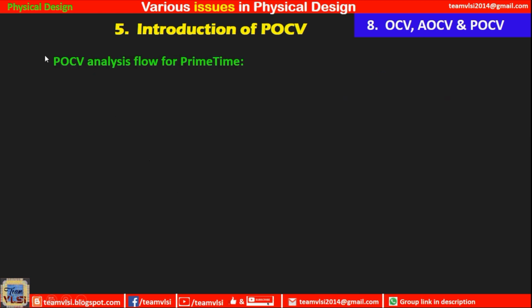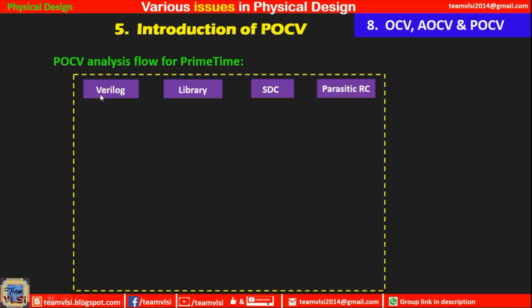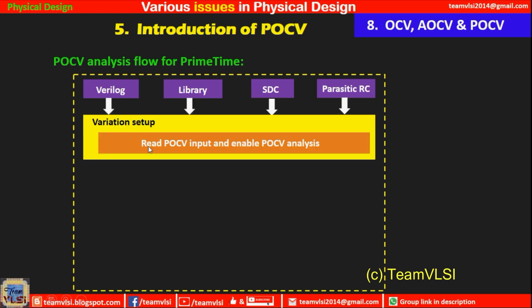So, POCV analysis flow for PrimeTime. Now we will see the PrimeTime flow for POCV analysis. First you will require the Verilog file, library, then constraint SDC file, then SPEF, that is parasitic RC, and these all will decide your variation setup. Then read the POCV input and enable POCV analysis.